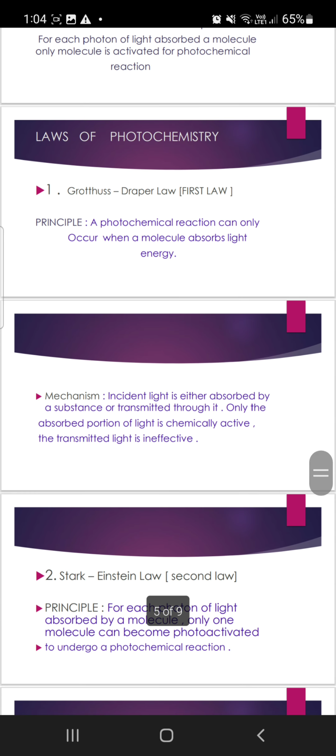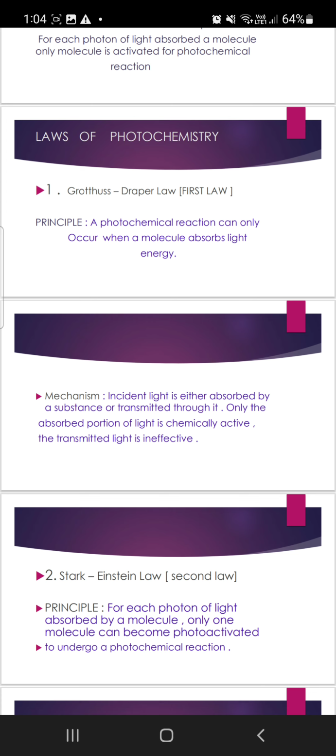Now we are going to learn about the mechanism of the first law. Incident light is either absorbed by a substance or transmitted through it. Whether the molecule absorbs the incident light or it is just transmitted through, only the absorbed portion of light is chemically active.